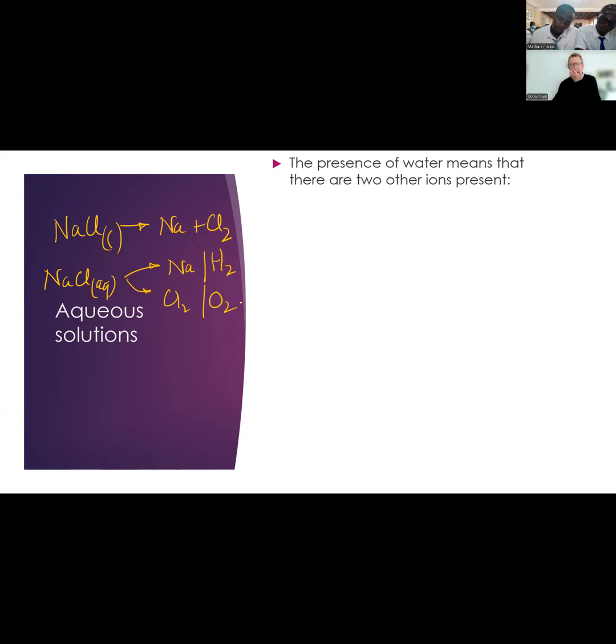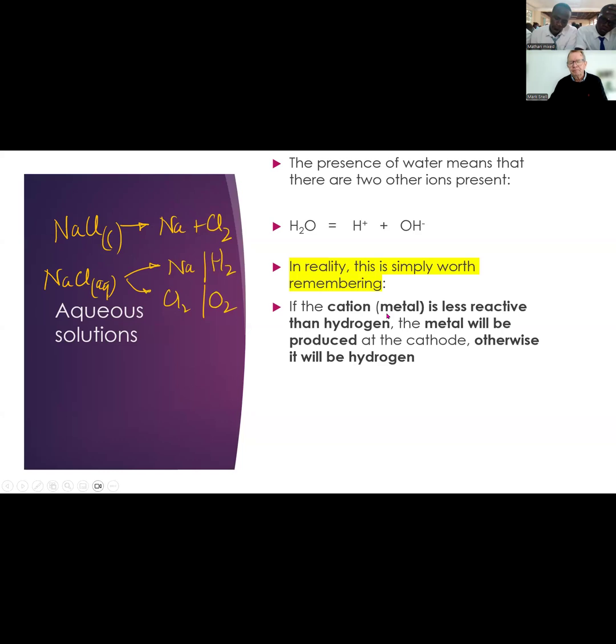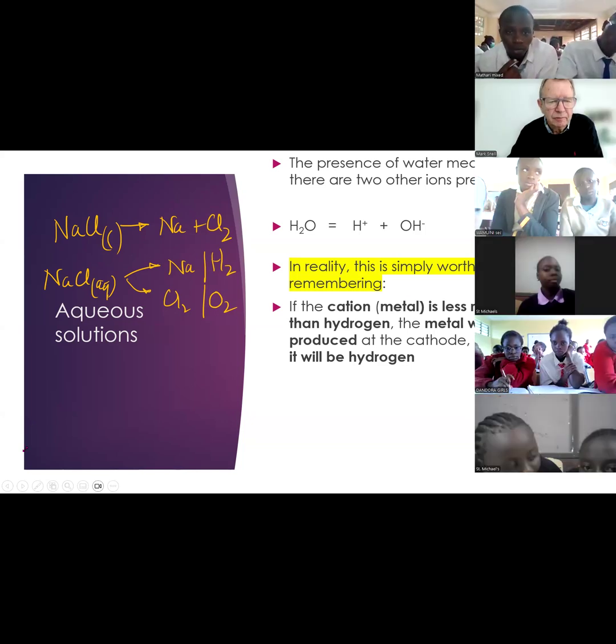So we need a rule, and here are the rules. If the metal is less reactive than hydrogen, then we will get the metal, otherwise we will get hydrogen.